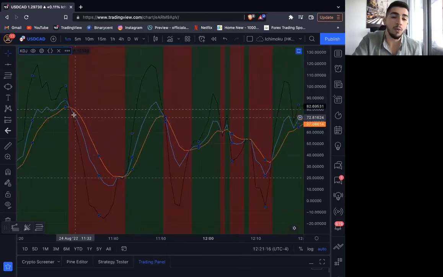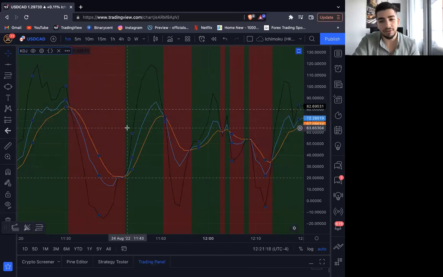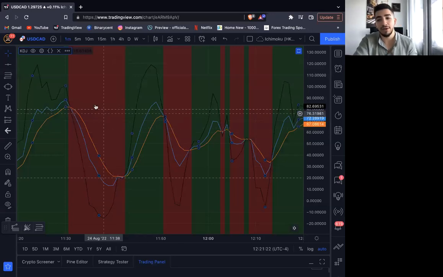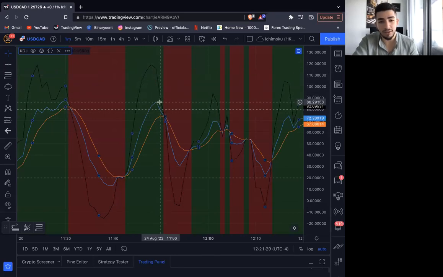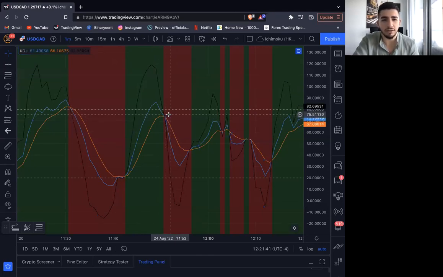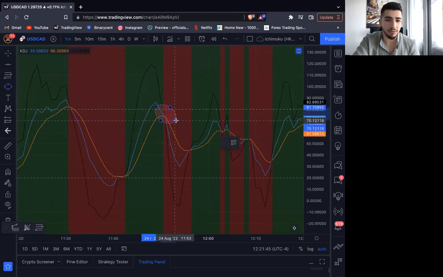So the way we are going to treat KDJ is when my black KDJ line intercepts with my other two KDJ lines from above, that's a sell trade idea. Just like this one.